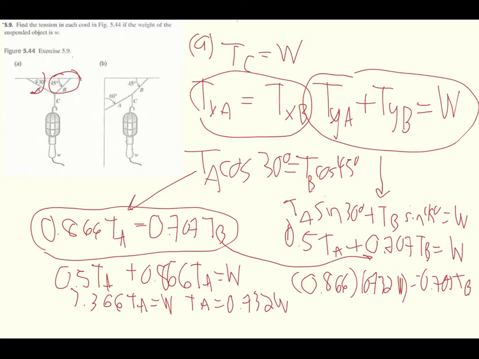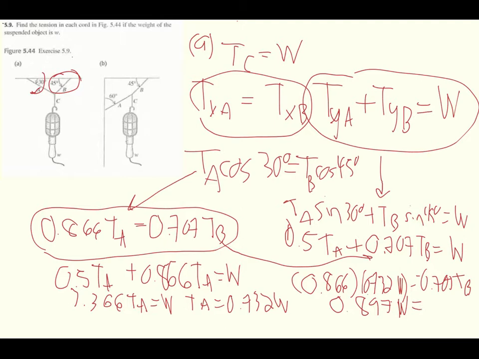So I just take 0.732 times 0.866 and I divide it by 0.707 again. And I get 0.897 W equals T_B.